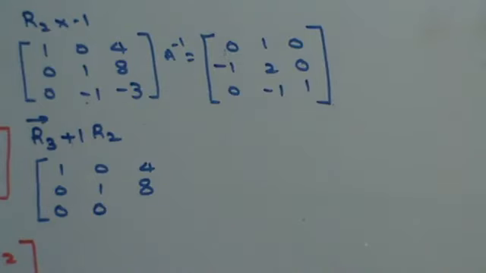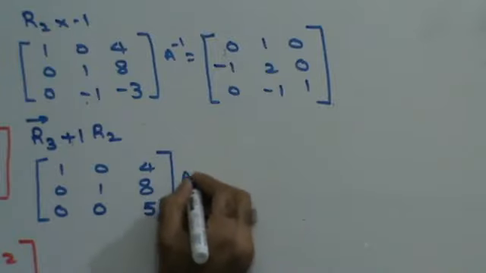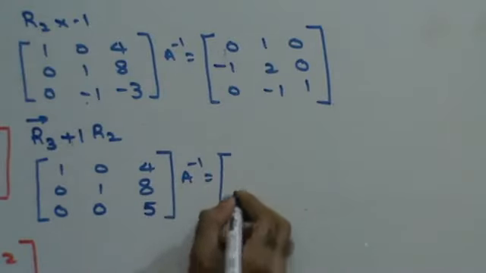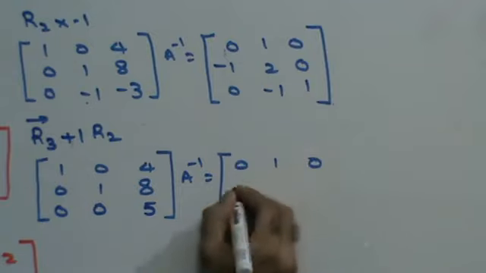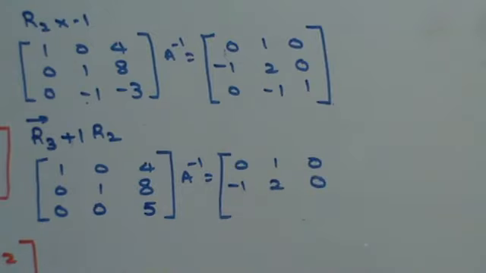Minus 3 plus 8 is 5. A inverse is nothing but 0, 1, 0. Minus 1, 2, 0. 0 minus 1 is minus 1. Minus 1 plus 2 is plus 1. 1 minus 0 is 1.